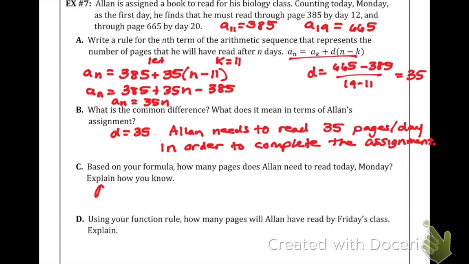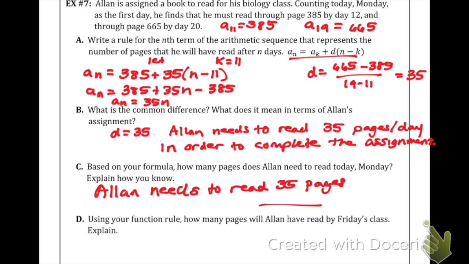So, Alan needs to read 35 pages today to be at 385 by day 12.